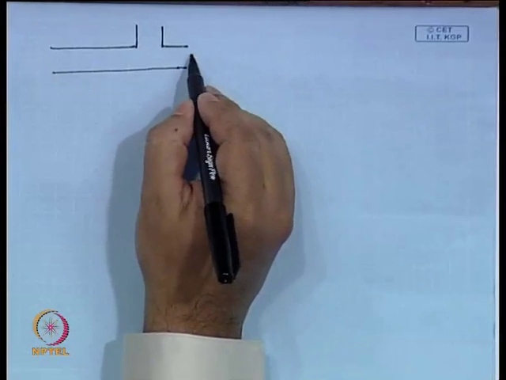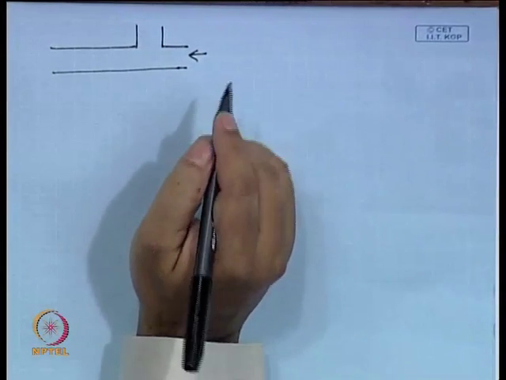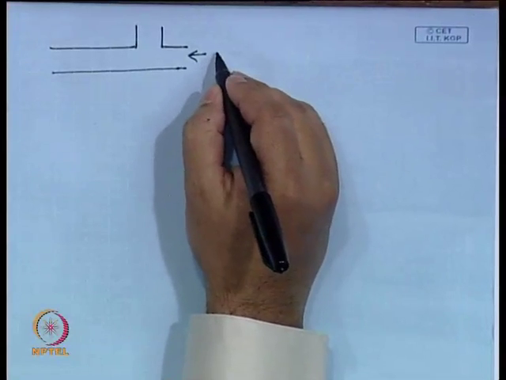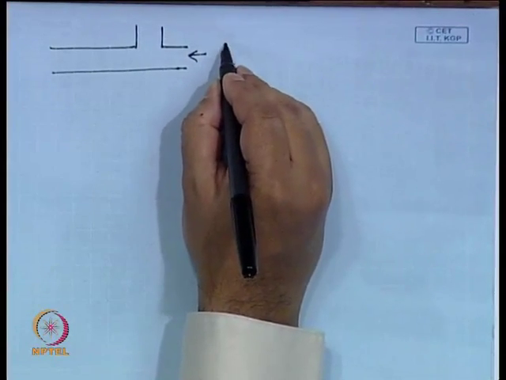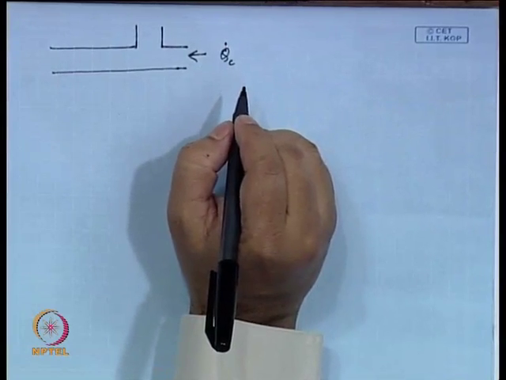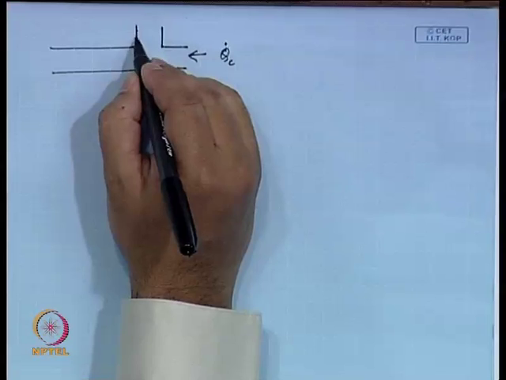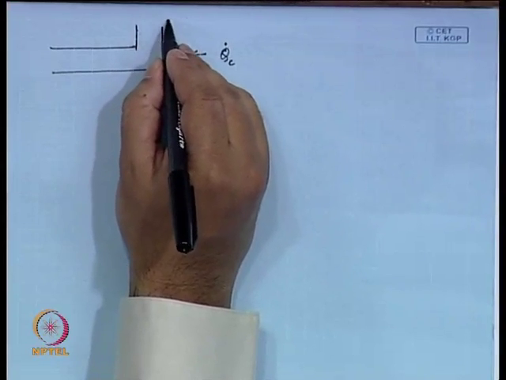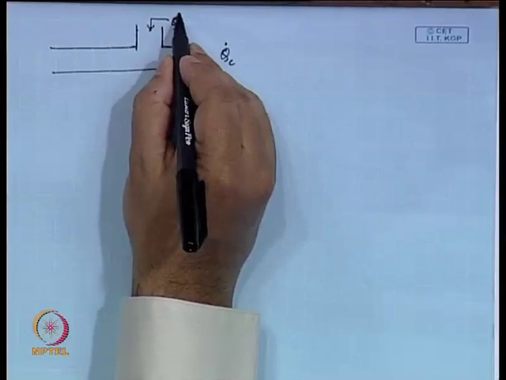You have one fluid which is flowing, I am calling this carrier fluid, which has a flow rate of Q c dot, and I have a droplet phase which is flowing at a flow rate of Q d dot.